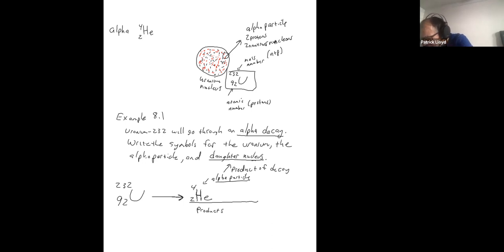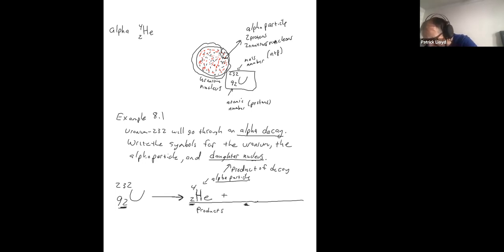But now we want to find out what the other product is, what's called the daughter nucleus. The daughter nucleus is what's left behind after you lose the alpha, which is most of it. Almost everything's still there; we just lost 2 protons and 2 neutrons. We'll assume that the number of protons on this side equals the number on this side. That's technically not correct. Really, we're saying the electrical charge is the same on both sides, and the electrical charge is essentially the lower number, the atomic number.